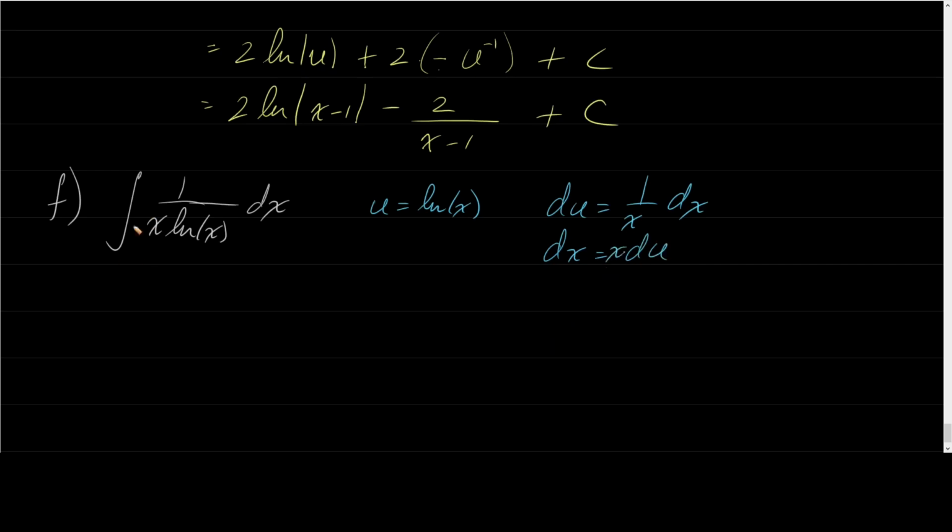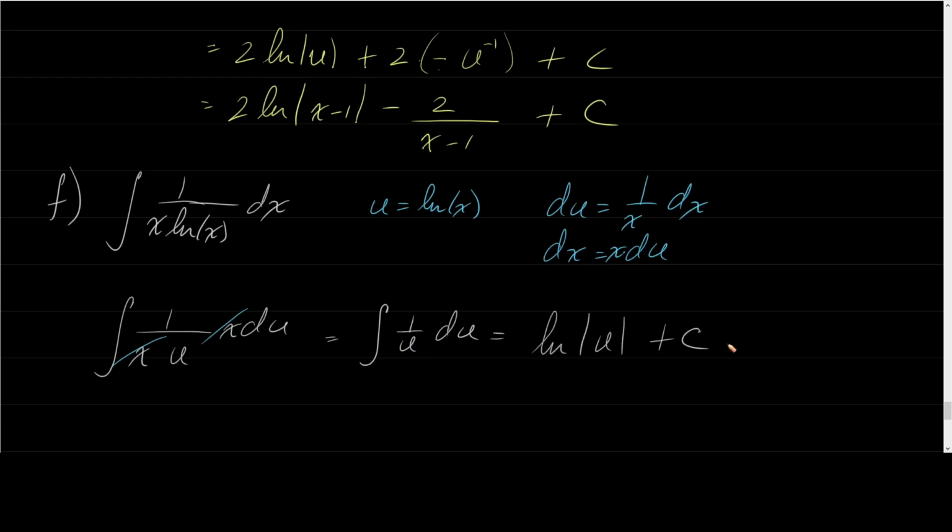Right? So now, this integral, what does it become? It becomes the integral of 1 over, this x was not part of our substitution, this ln of x is our u, this dx is x du. And what we see there is that the x's cancel each other out. So I just have really the integral of 1 over u du, which is ln of the absolute value of u plus c.